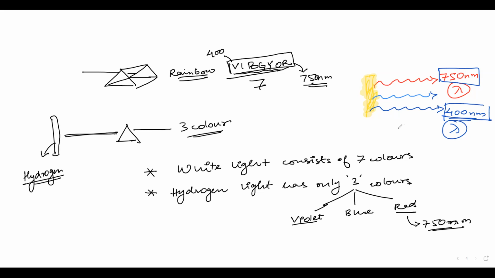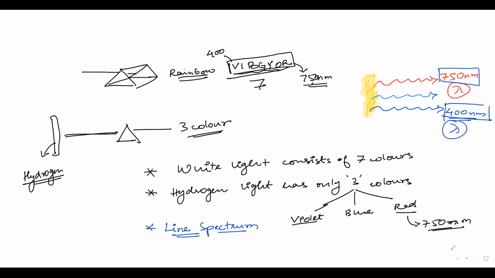These two have specific wavelengths, which means whatever is in the hydrogen is not emitting a continuous spectrum, it is emitting a line spectrum. That is the point that we want to discuss now.